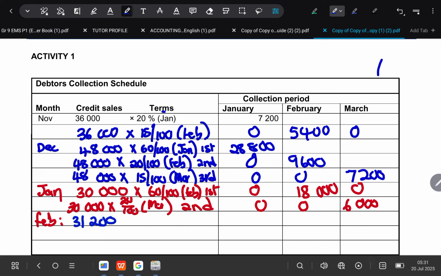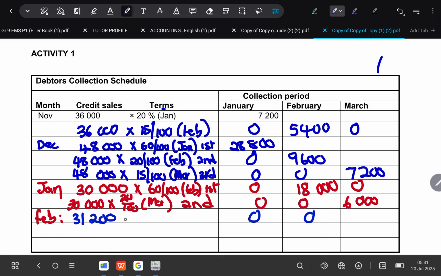So remember here, we can't do any collection in January, we can't do any collection in February. So what we need to do is to just collect for the first month, which is 60%. So that 60% of the credit sales of February will be collected in March, which is the first month.